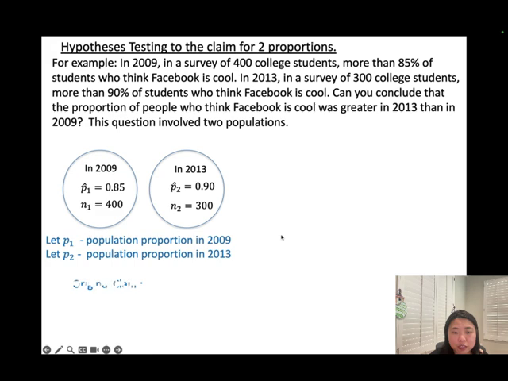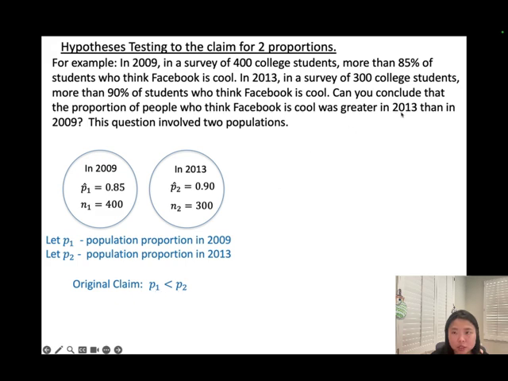Before that, we're going to state the original claim. They want to see greater in 2013 than in 2009. So 2013 is my P2 and 2009 is my P1. So it's going to be P1 less than P2. We try to put the 1 on the left-hand side.